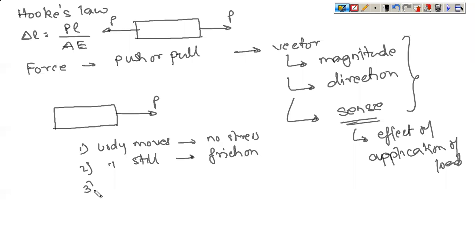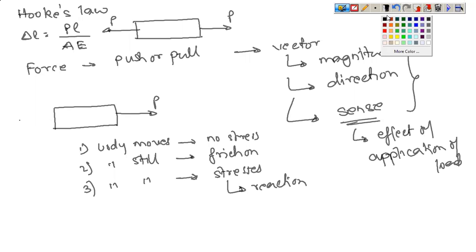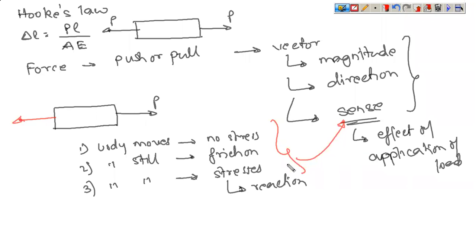Third, body is still and stresses are produced. If stresses are produced, that means a reaction has been offered, and that reaction will be in the opposite direction. This will make you understand. These three, four statements correspond to sense.